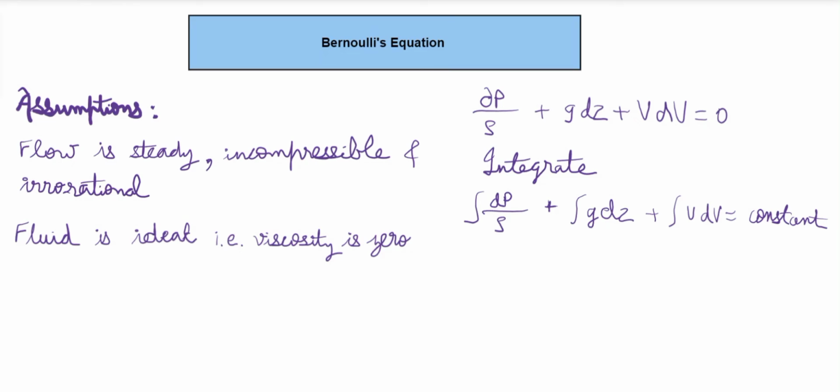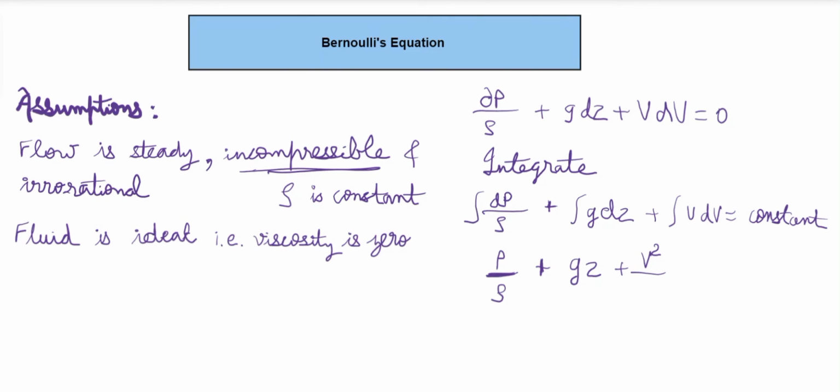As this flow is incompressible, the density will remain constant. So here integration of dp by rho will be p divided by rho, because rho is constant, plus g dz. So integration of g dz will be g into z, because g is a constant, and integration of v dv will be equal to v square by 2, and this will be equal to constant.